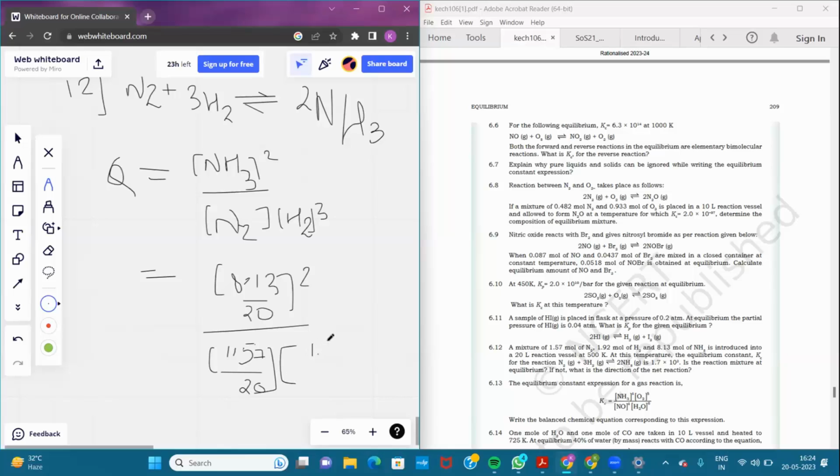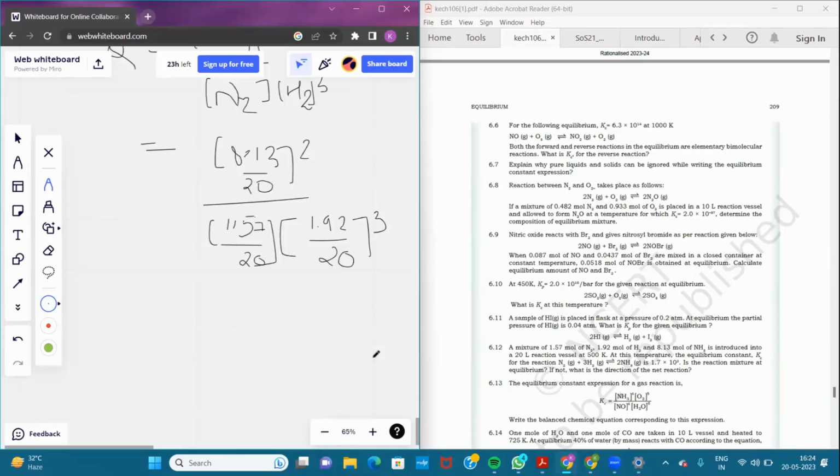H2 is 1.92 moles and volume is 20. The stoichiometric coefficient is 3, so we'll raise it to the power 3. In calculation, we get Q as 2.4 into 10 cube.